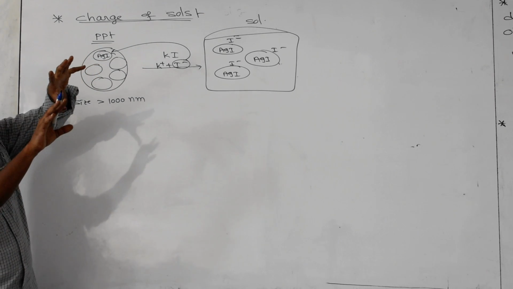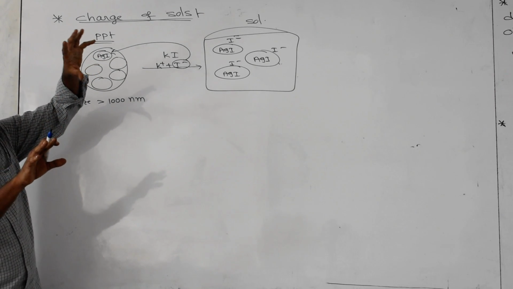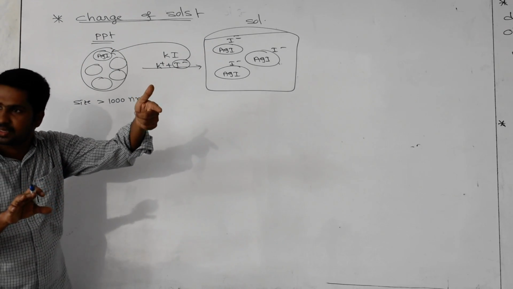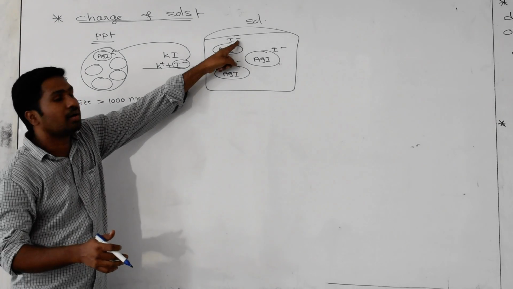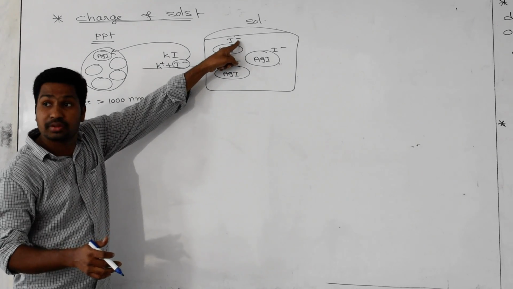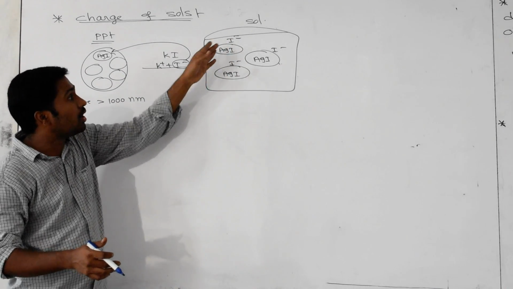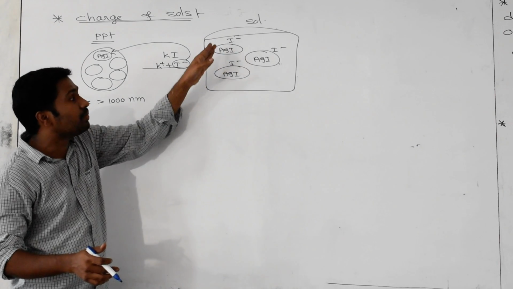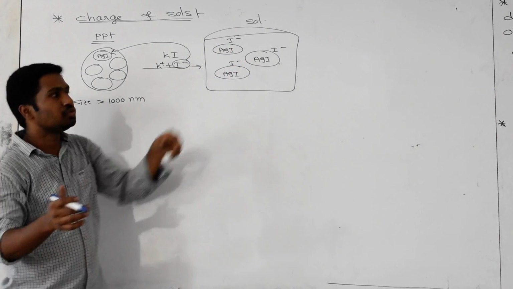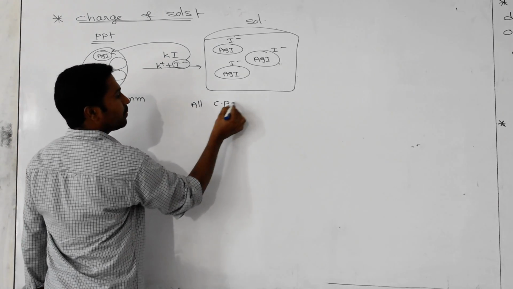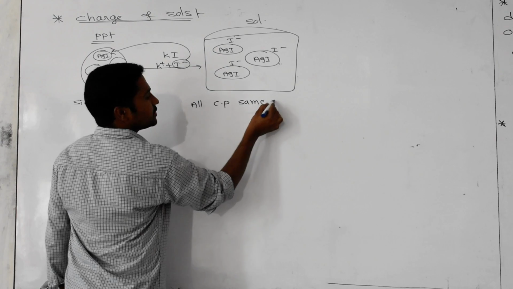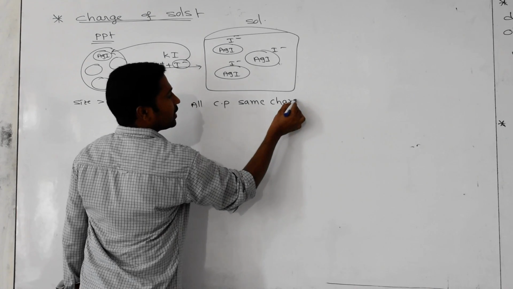Then all particles disperse from one another and break down into small pieces. In this process, every particle adsorbs one particular ion. So automatically what happens? All colloidal particles become the same charge. That's why I am writing here that all colloidal particles have the same charge. Are you getting it or not?